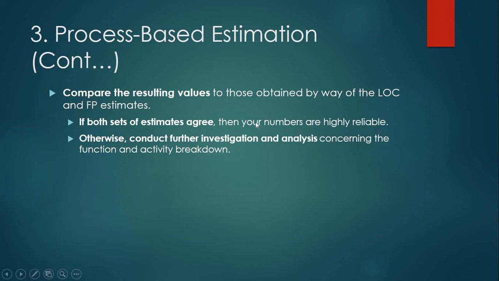If they do not agree, then conduct further investigation and analysis concerning the function and activity breakdown. Means if we do not agree with the previous estimation, then we will have to further divide our framework activities, or we can say our functions, into different parts.